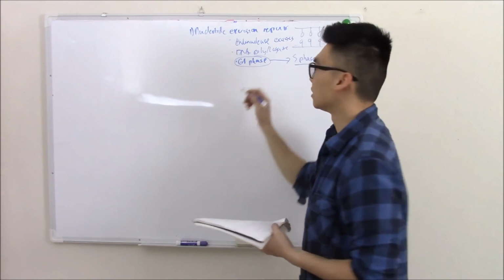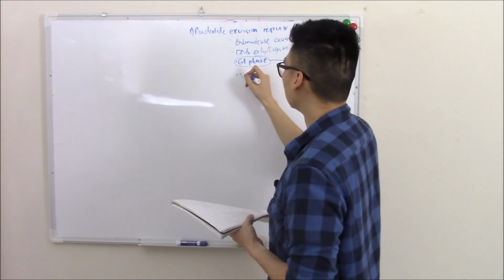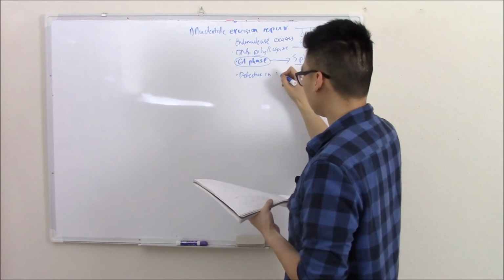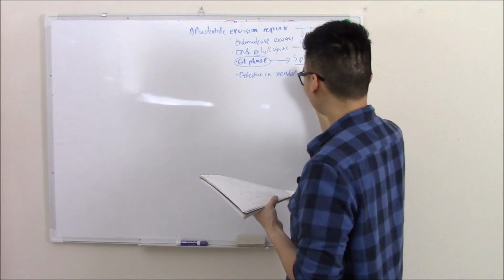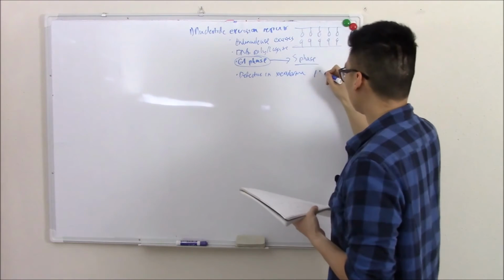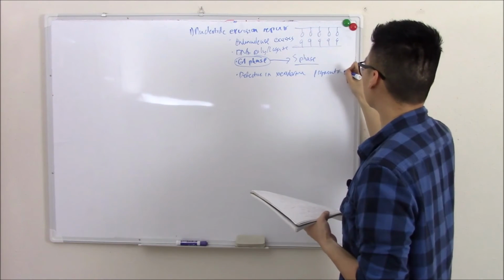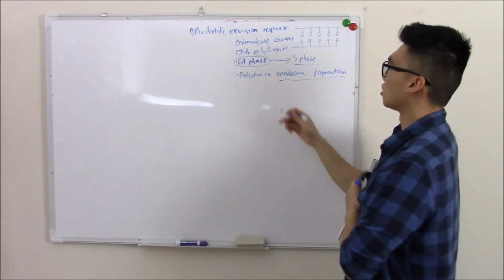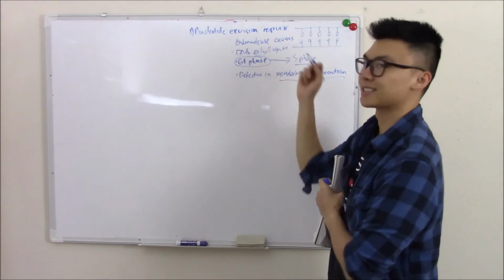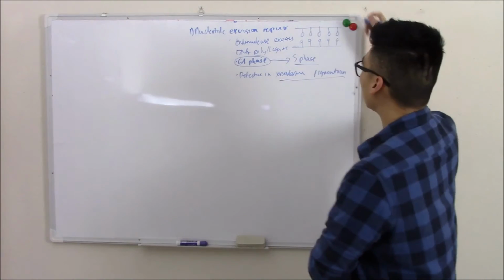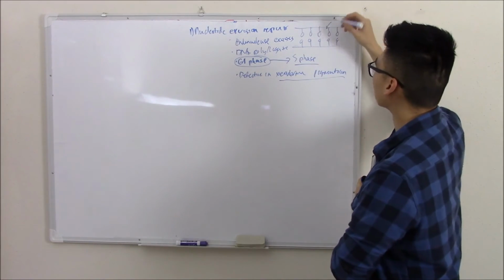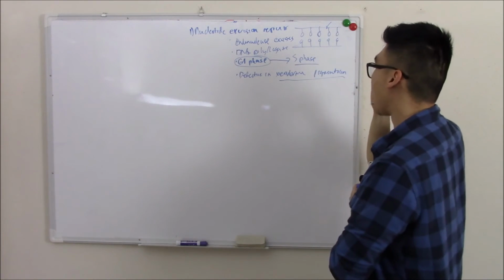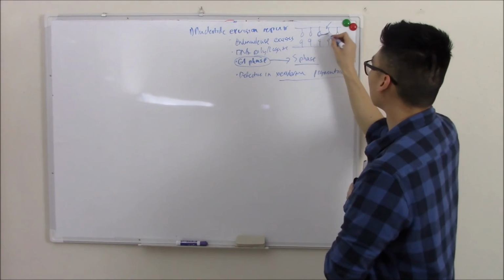And you should know that it is defective in a disorder called xeroderma pigmentosum. Xeroderma pigmentosum occurs when you have a defect in nucleotide excision repair. UV light from the sun can hit pyrimidines and cause them to link together.